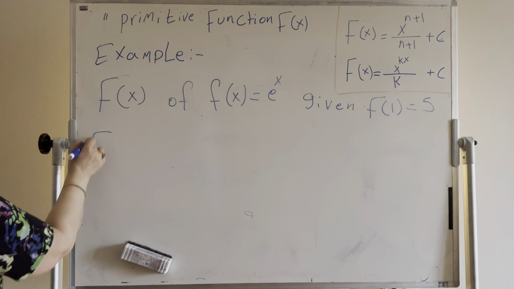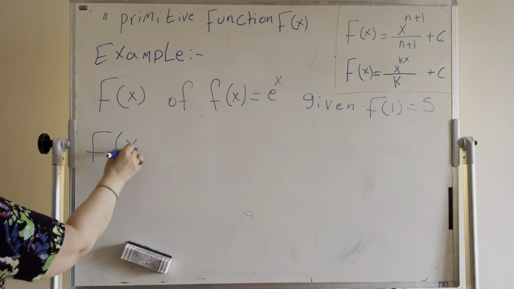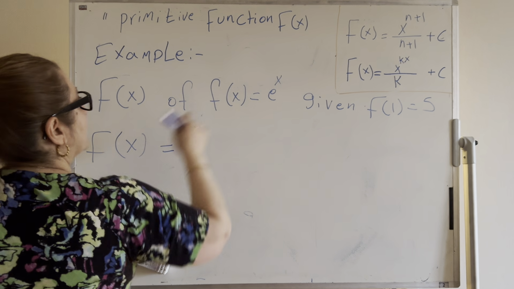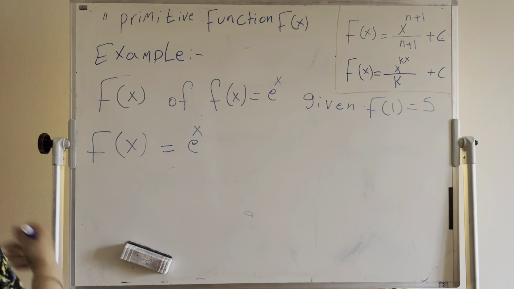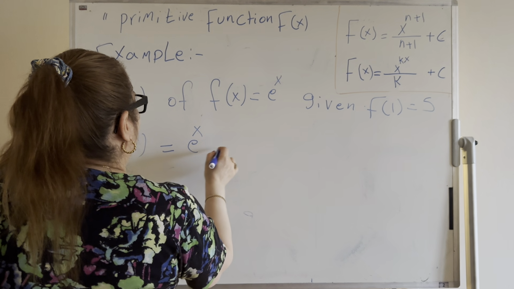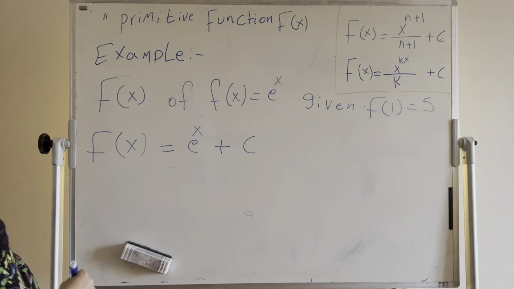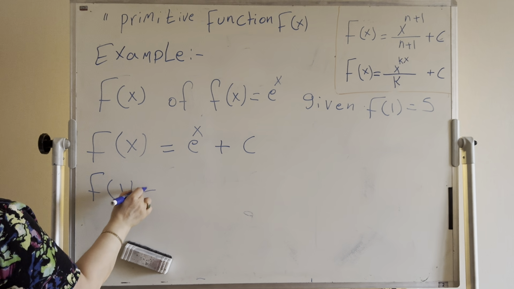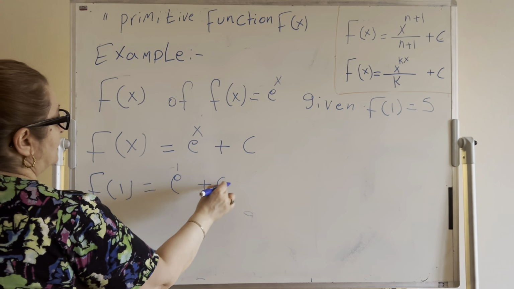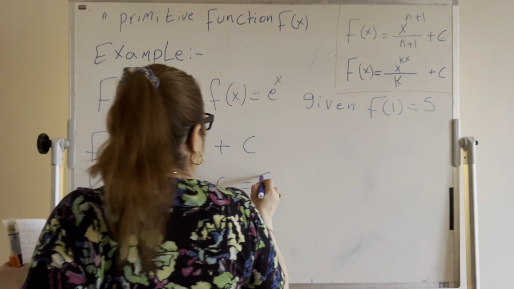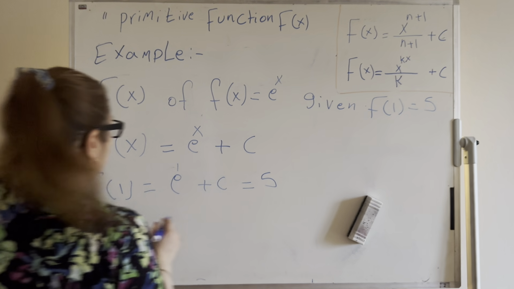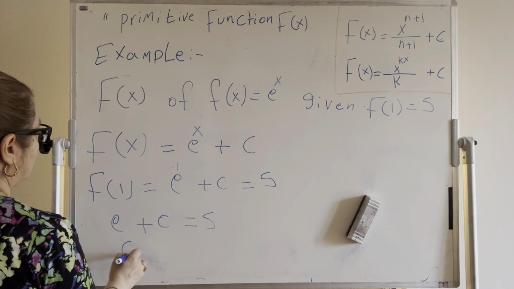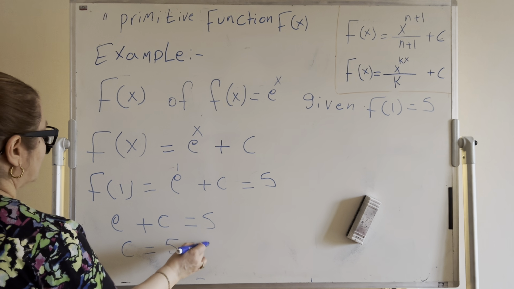And here I will write the primitive function equals e power x plus c. When x equals 1, y equals 5, and e plus c equals 5, the constant equals 5 minus e.